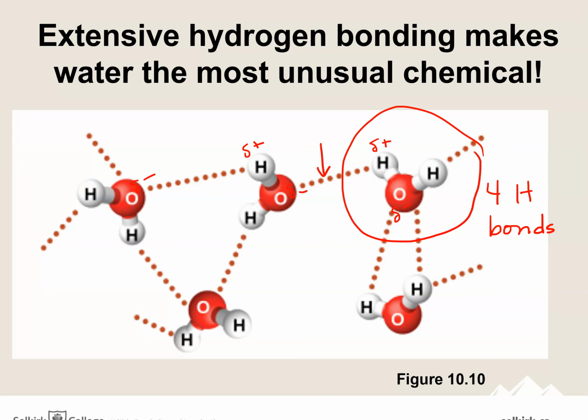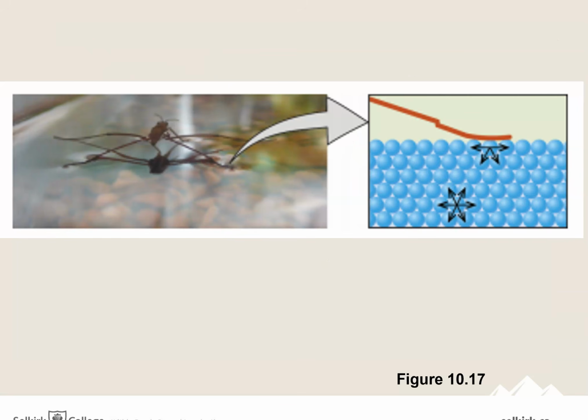Water molecules are held really tightly together, and that shows up in a number of factors. One is the boiling point, but let me show you some other physical properties of water that are affected by hydrogen bonding. This is a picture of a water strider bug sitting on top of water. And why doesn't it just fall through?